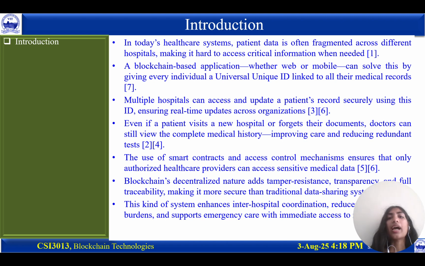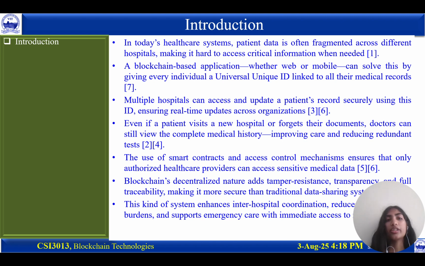A blockchain based application, whether developed for the web or mobile platform, presents a powerful solution to this issue. By assigning each patient a universal unique ID, their complete medical history can be securely linked and accessed from everywhere. With this system, multiple hospitals can access and update patient records in real time using the same ID.